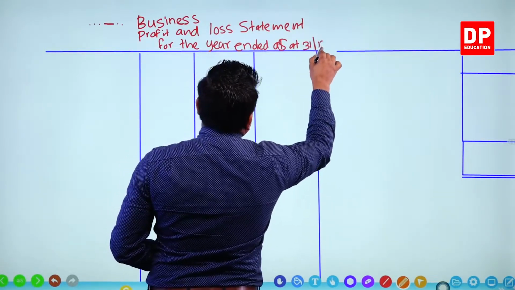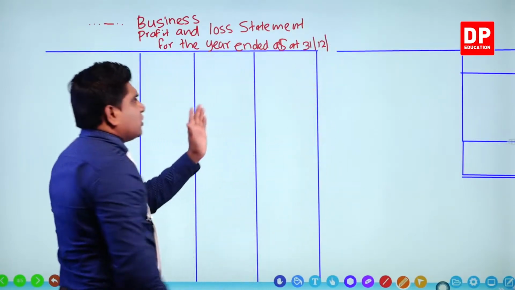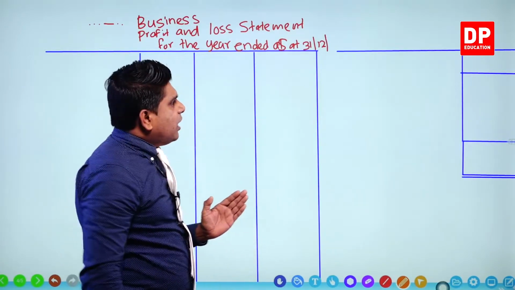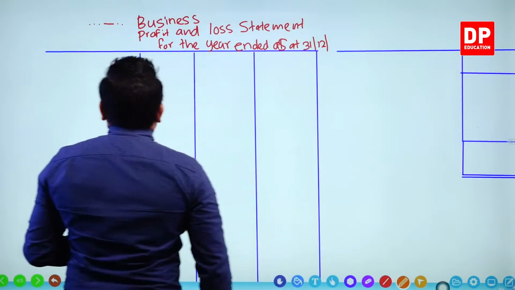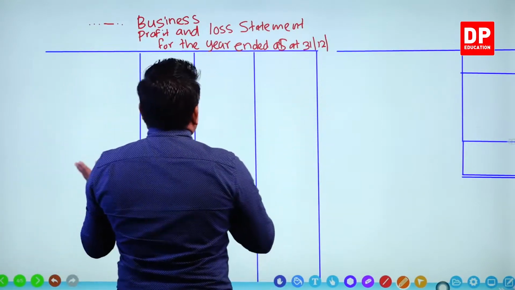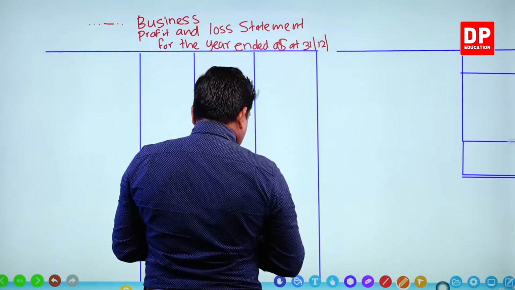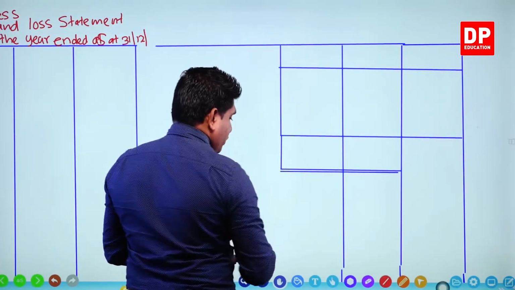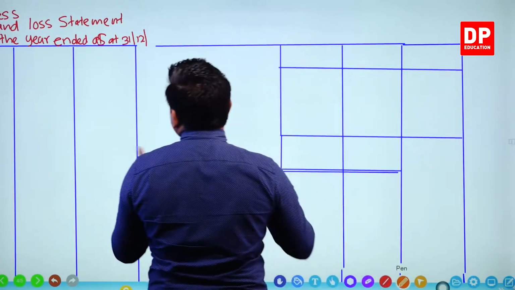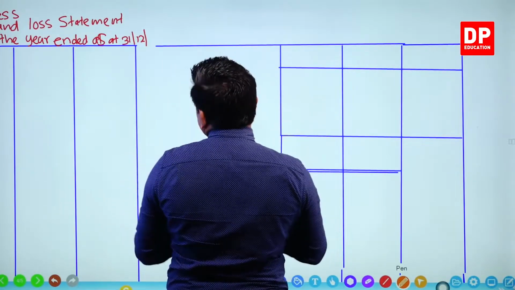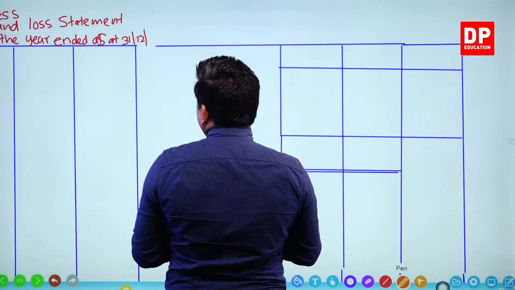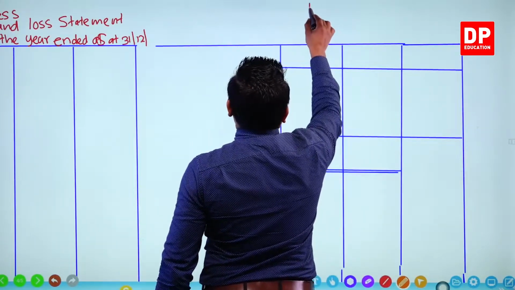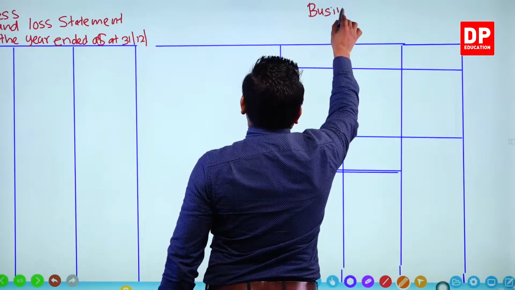31st December. They don't clearly give the year, 2020 or 2019, so you can consider any year, right? Now here also, in front of the profit and loss statement, you can see the statement of financial position. You can compare how we write the names of the account on top of the relevant statement. Here also you put business. If they have given the name of the business, you can put Kamal's business or Amal's business.